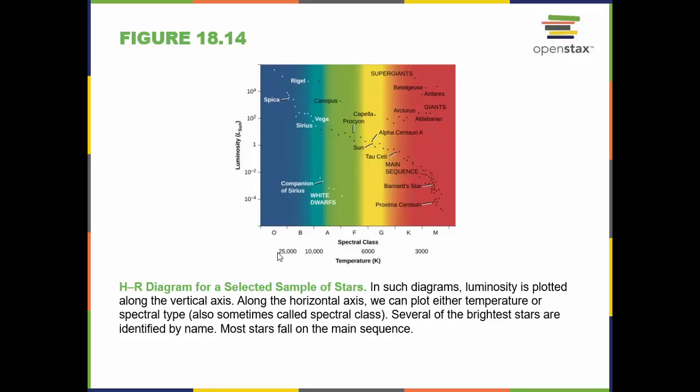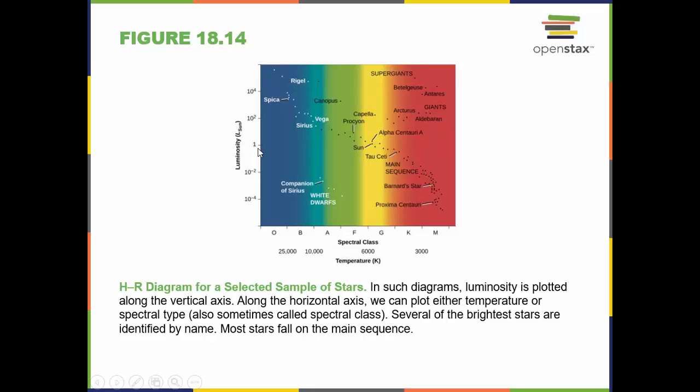So these cool stars are reddish and these hot stars are bluish. And this shows the spectral class. Don't forget, our sun is spectral class G, and it's about right there.